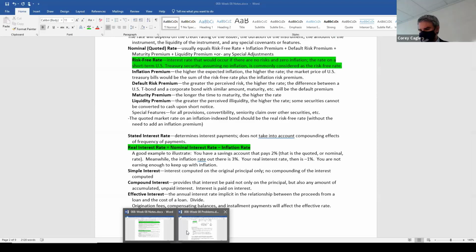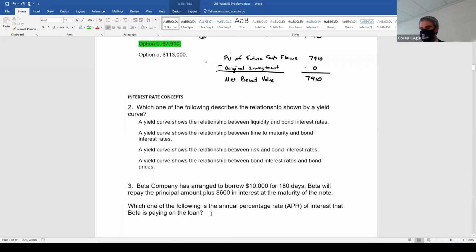Problems are pretty straightforward. Number 2, a careful one to go over. Number 2: which of the following describes a relationship shown by a yield curve? This is really just a definition, a bit of an obscure definition. I think this term came up a few weeks ago in an earlier section, actually.